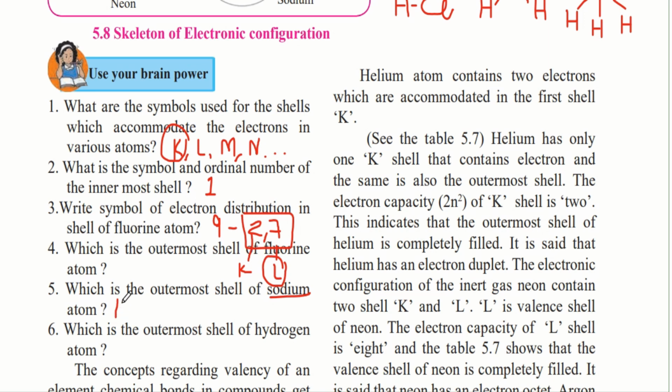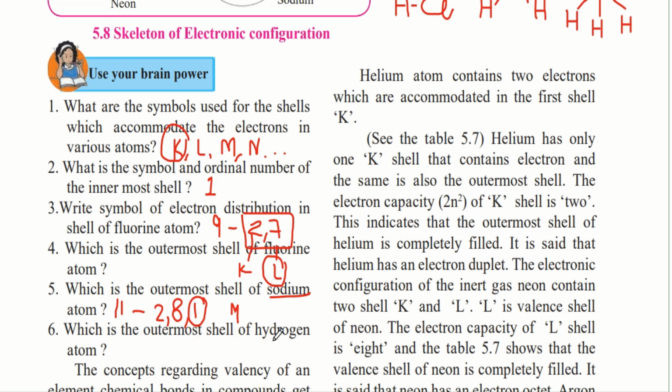So, if you remember, sodium has 11 electrons in its atom. So, the first 2 electrons would be put in the K shell. Then the next 8 electrons would be put in the L shell. And 2 plus 8 is 10. And when you subtract 10 from 11, you get 1. So the final electron will be put in the M shell. So the outermost shell for sodium would be the M shell.